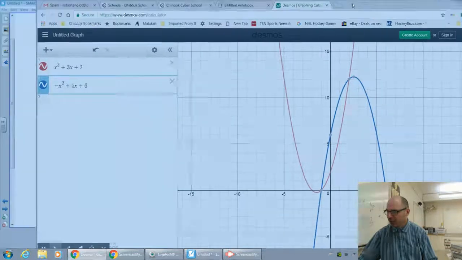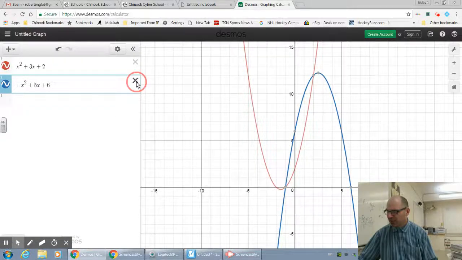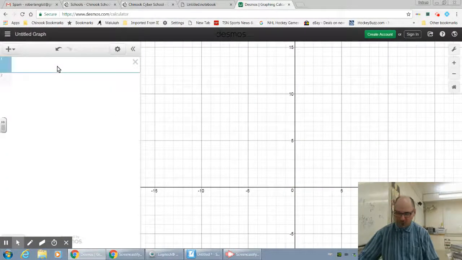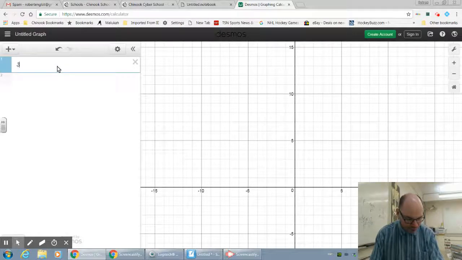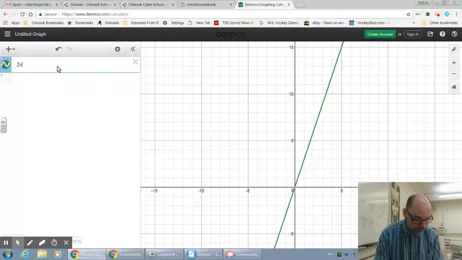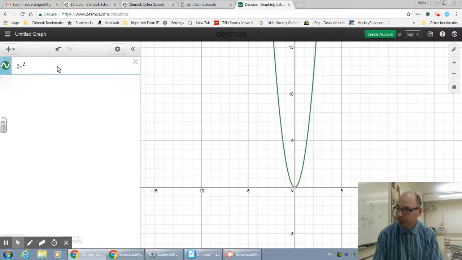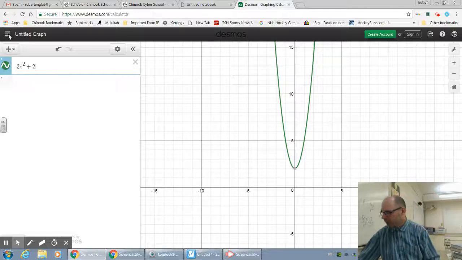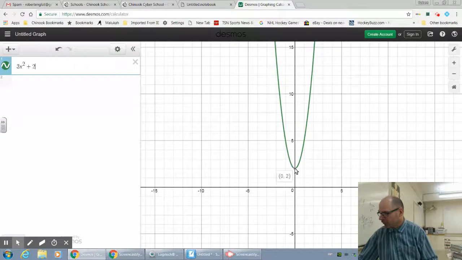Okay, let's see what it would look like here. Let's see if I put in y equals 3x squared plus 2. Okay, so there it is. In fact, it does go up on 0, 2 there.